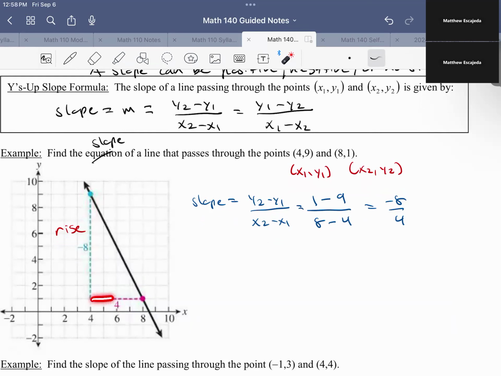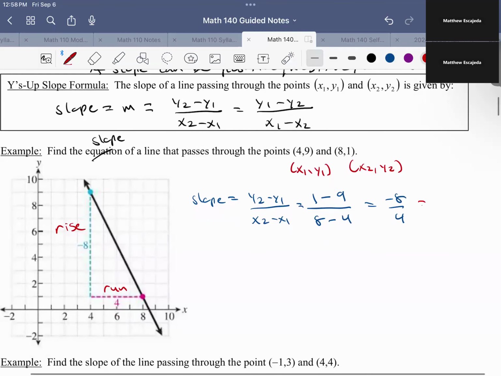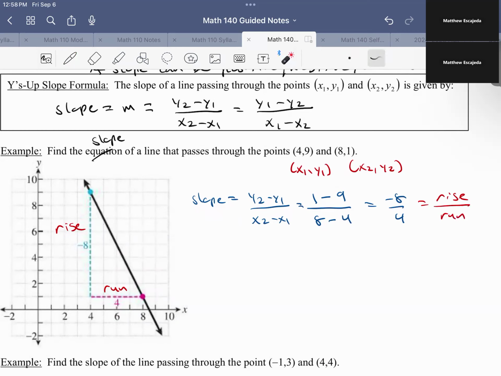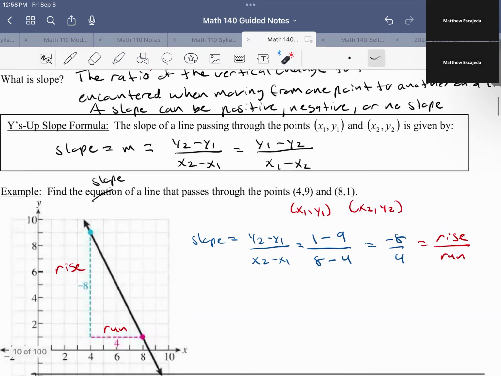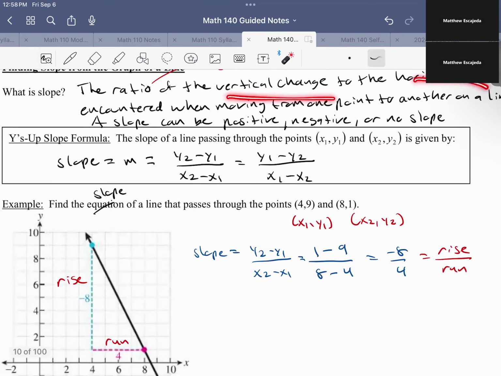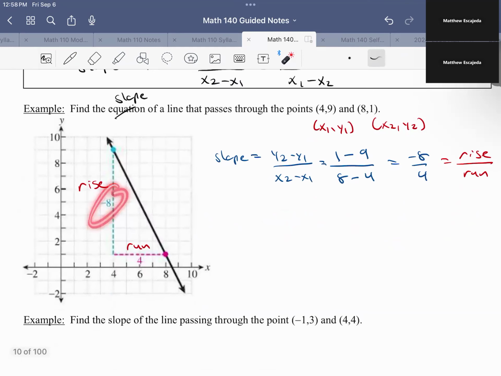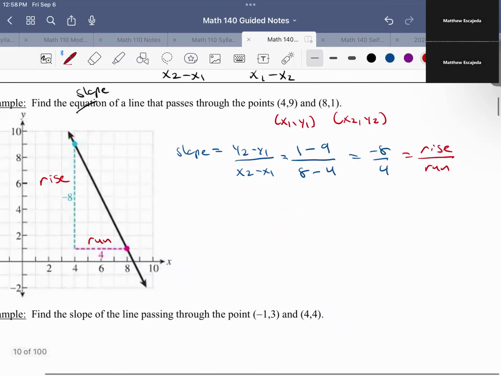And it goes over 4 units, so this is the run. If you remember from algebra, it's really rise over run, a ratio of your vertical change to your horizontal change. Our vertical change is -8, our horizontal change is 4. That's our rise over run, and we can simplify this to -2. So our slope would be -2.